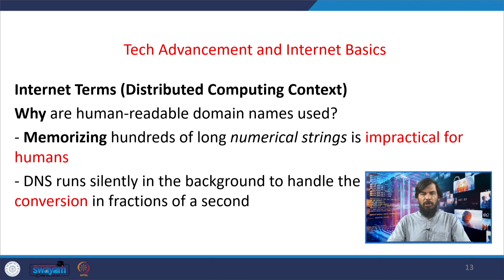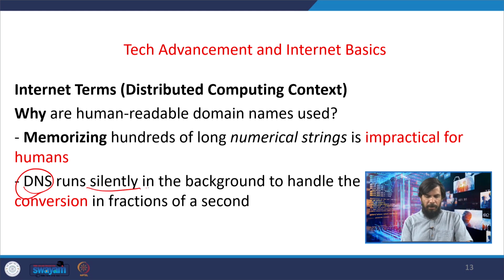Because if you were to access hundreds of websites for your work or other purposes, memorizing hundreds of long numerical strings would be impractical for humans. Just like we remember maybe hundreds of friends or relatives and other people, in the same way we can easily memorize domain names, but memorizing the corresponding numerical strings would be impractical, right. So therefore DNS is needed.